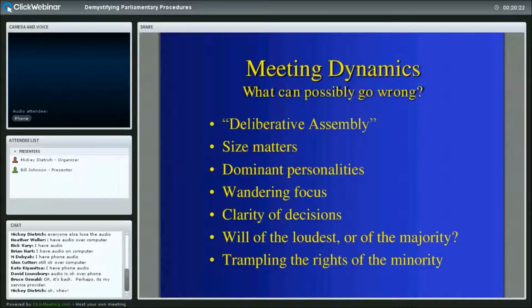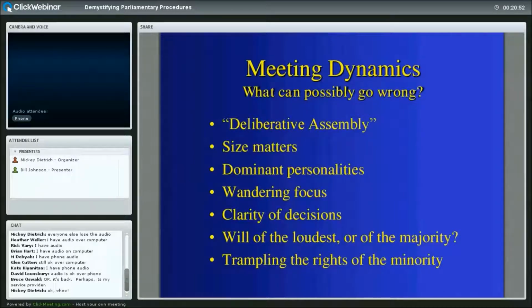And you've also been in lots of meetings where you started down one path to make a decision and ended up diverted down a tangent, down a rabbit hole, and maybe never even got back to where you started. When you follow Robert's Rules, you'll see that things have a way to keep you on track and not lose that focus.